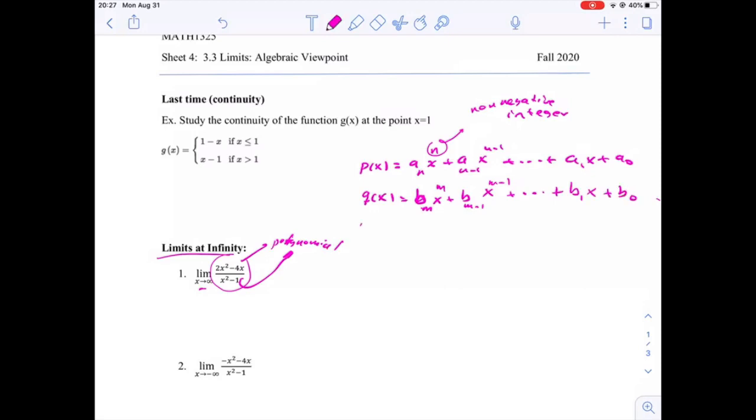Now we are interested in the limit of this ratio. Now we have three cases.